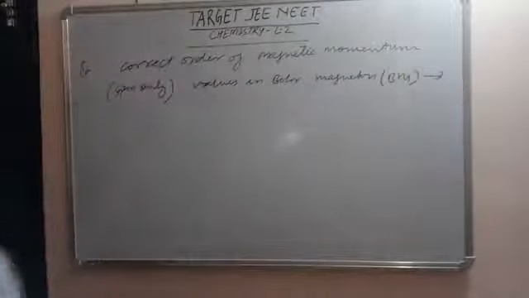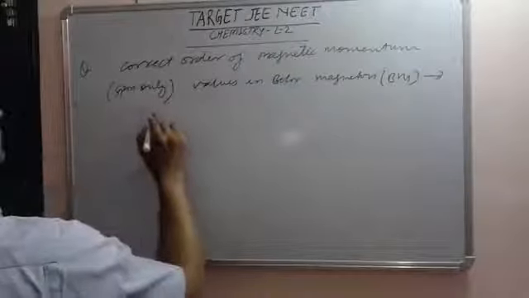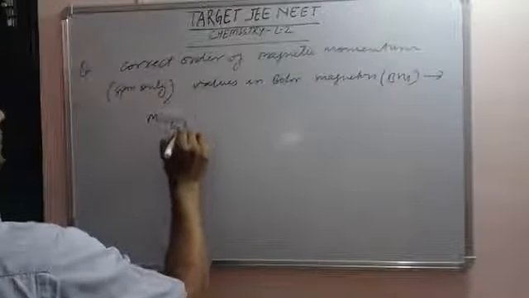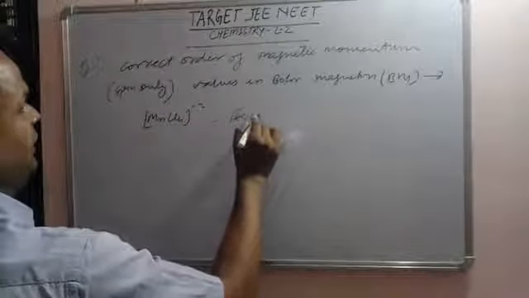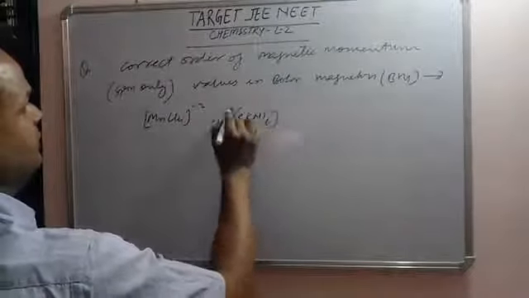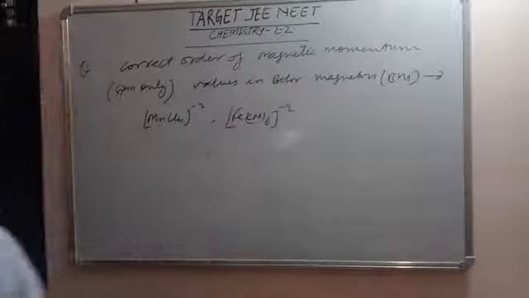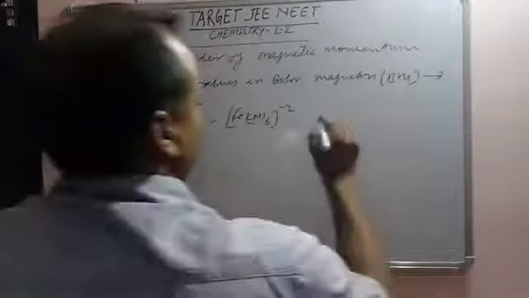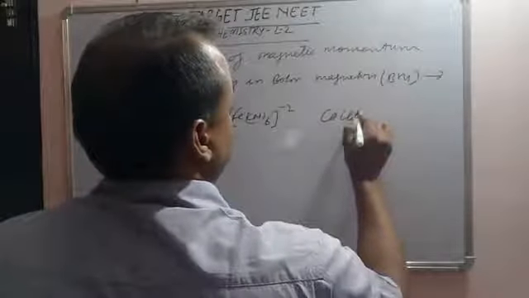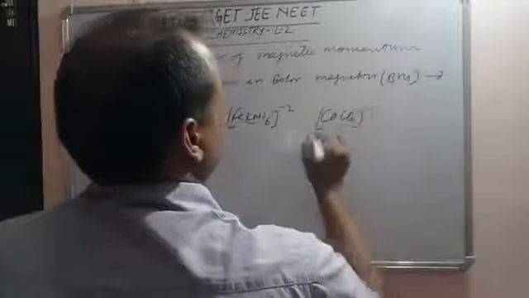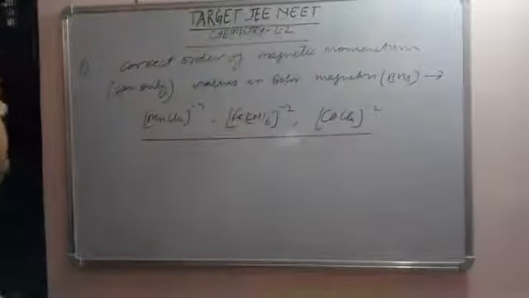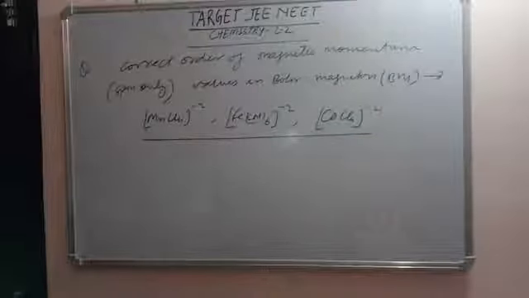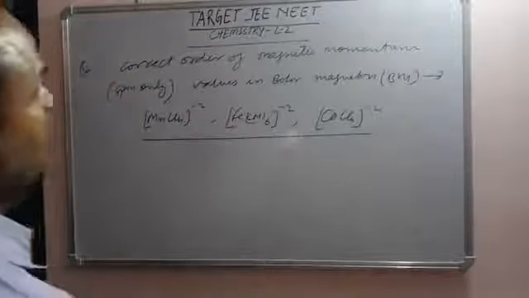The elements are MnCl4 minus 2, Fe(CN)6 minus 2, and CoCl4 minus 2. Three complex compounds are there and we have to arrange them in the increasing or decreasing order of magnetic moment.